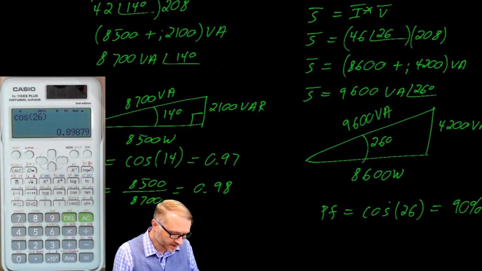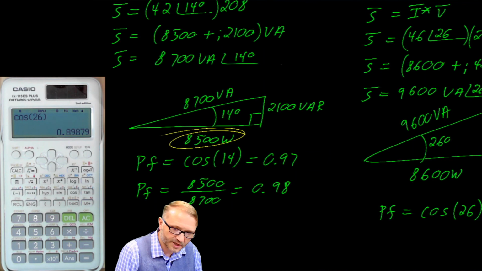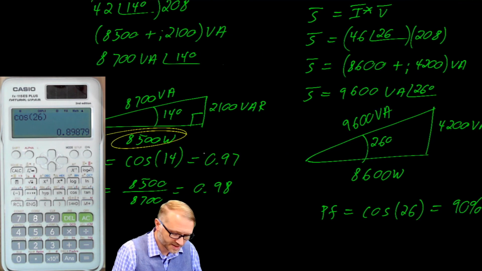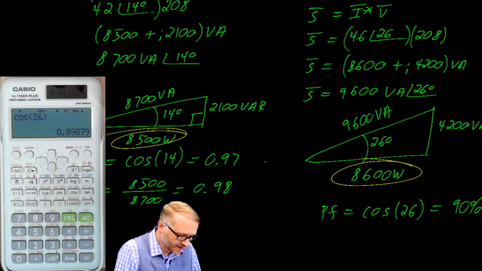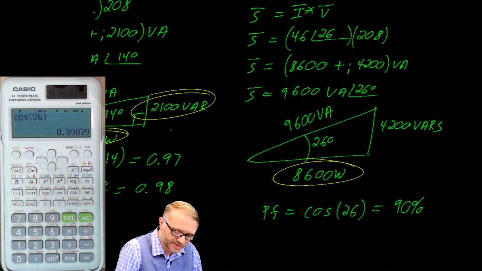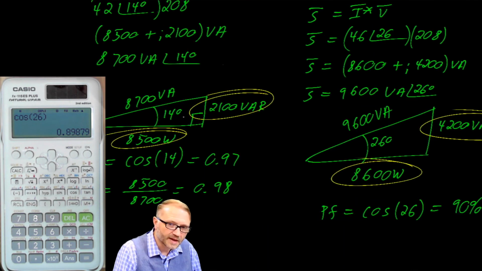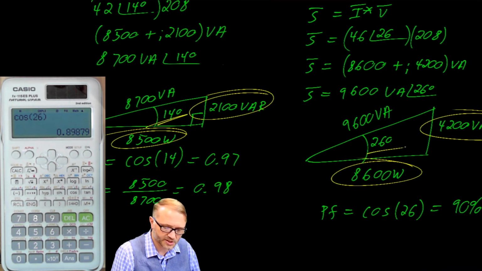The power lost, you'll notice the real power went from 8600 watts to 9600 watts. So without the capacitor, the circuit consumes 100 watts more. And then the VARs, you can see, have increased quite a bit, as has the angle. So we went from 14 originally to 26. I think you would agree that that capacitor is doing quite a bit of good for the circuit.